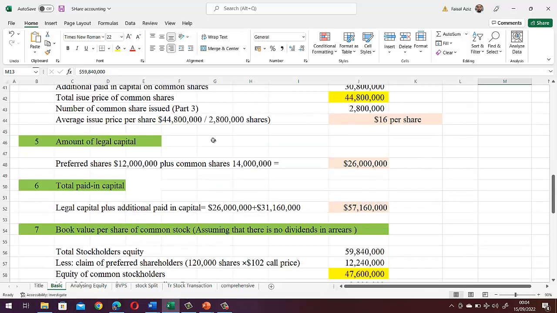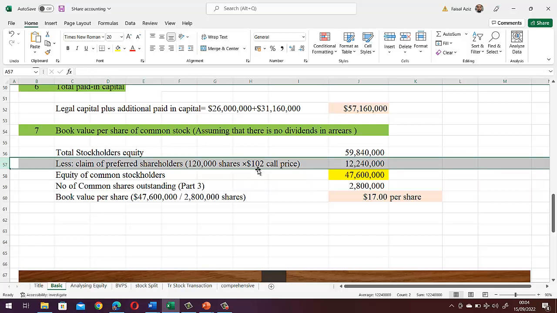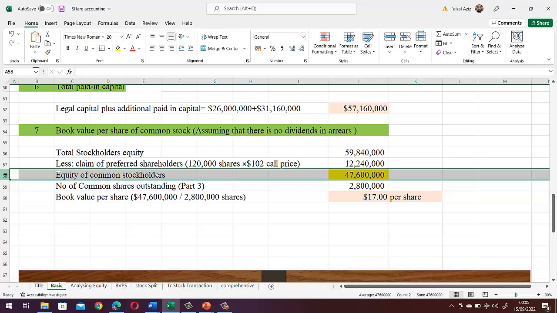Simply, we will multiply 120,000 with the call price, and it will give us the total amount which refers to the claim of preferred shareholders. After subtracting the preferred shareholders amount from the total stockholders equity, the resultant amount will be the equity of common stockholders. This is the equity of common stockholders.